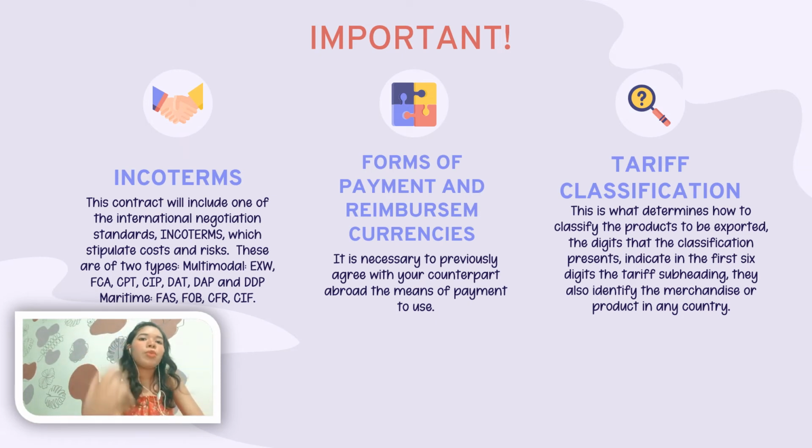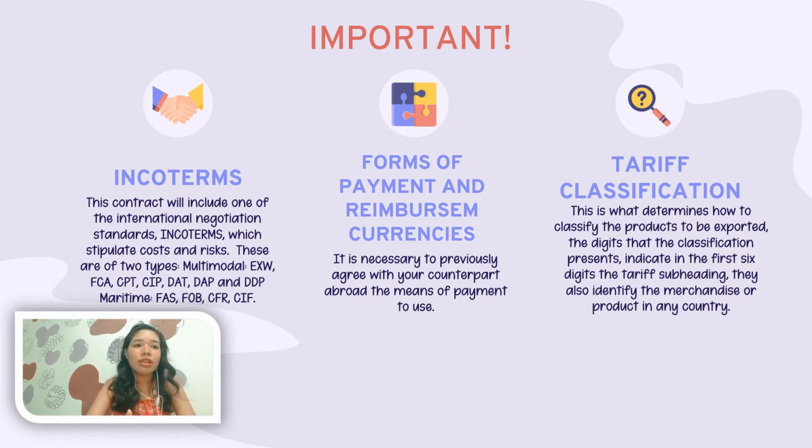Now, some important things that we should take into account when making an exportation. 1. Incoterms. This contract will include one of the international negotiation standards, incoterms, which stipulates costs and risks. These are two types, multimodal and maritime. 2. Forms of payment and reimbursement currencies.